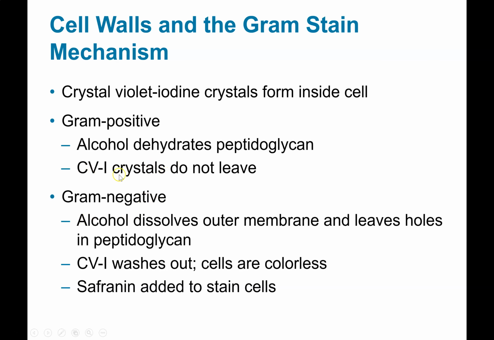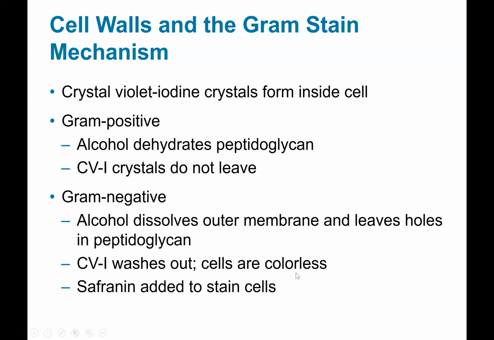But gram-negative, because they have that outer membrane, it gets dissolved by the alcohol decolorizer. Now they're left with just that thin layer of peptidoglycan on the outside. It's not enough to trap in the crystal violet iodine. It washes out. The cells become colorless.